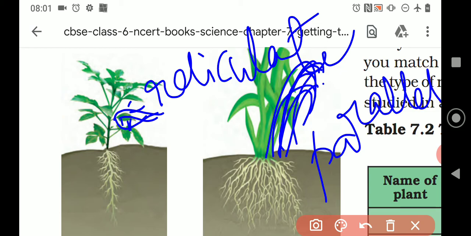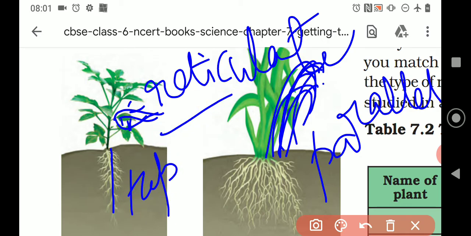So by looking at the roots now, you can see here in the tap root, the venation is reticulate, and here in the fibrous roots the venation is parallel. Now whenever you look at the leaves, only by looking at the venation, you can say whether the root under the soil will be a tap root or a fibrous root.